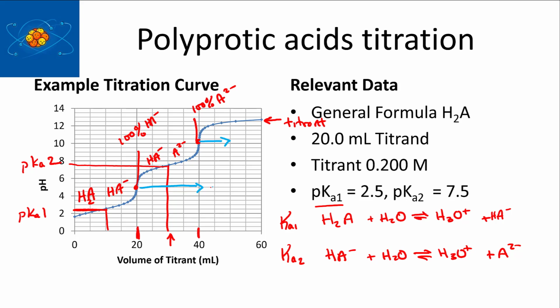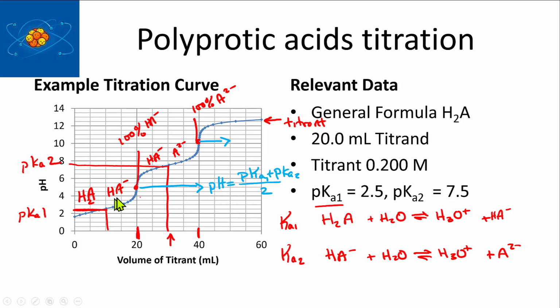So what is that pH? Well, it turns out this pH looks like it's halfway between pKa2 and pKa1. It's exactly halfway between, which can be shown mathematically. So pKa1 plus pKa2 divided by 2.